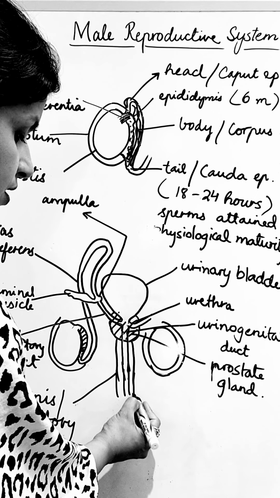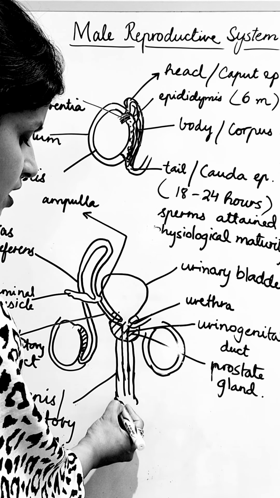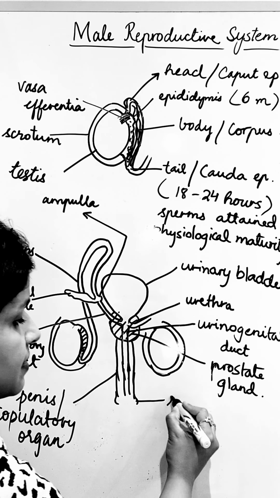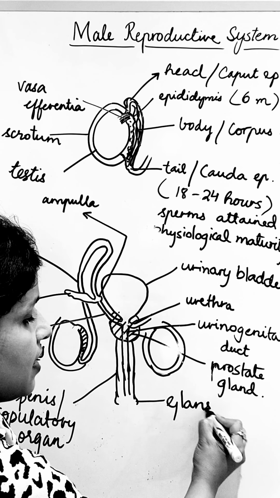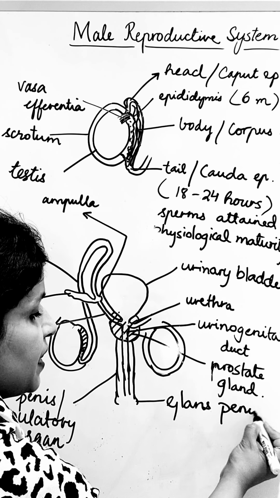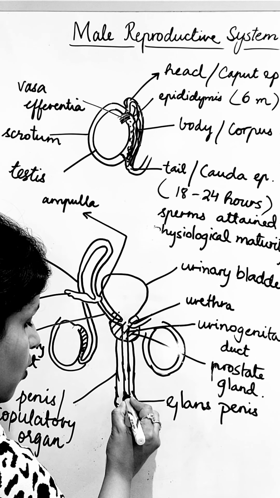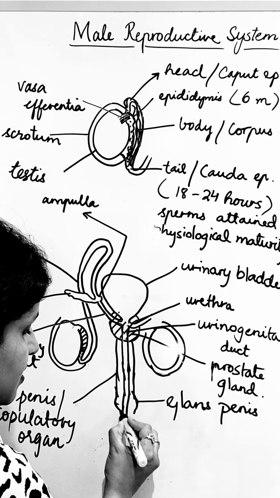At the end there is a swollen structure called the glans penis.